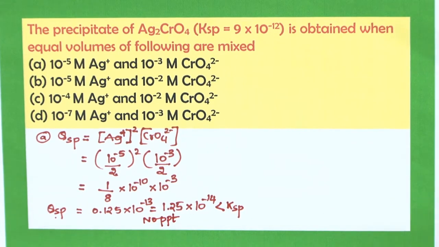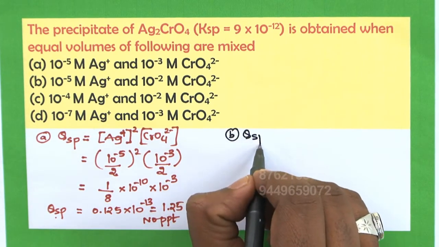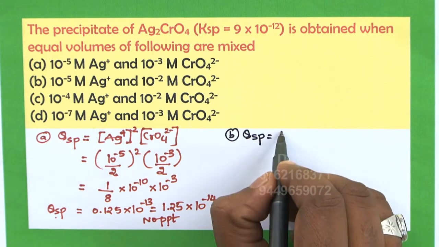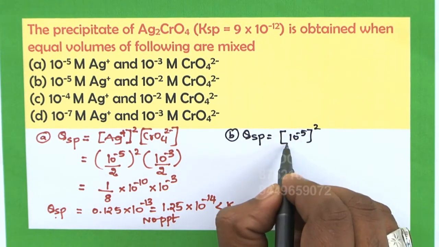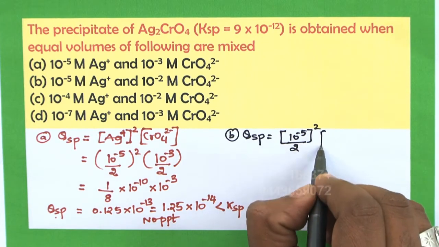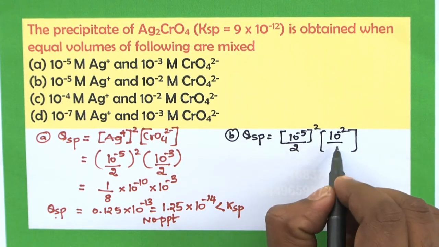Similarly, if we calculate the QSP value for option B, QSP is equal to the concentration of Ag plus, that is 10 to the power minus 5, divided by 2 and raised to 2, into the concentration of chromate ion, that is 10 to the power minus 2, divided by 2.